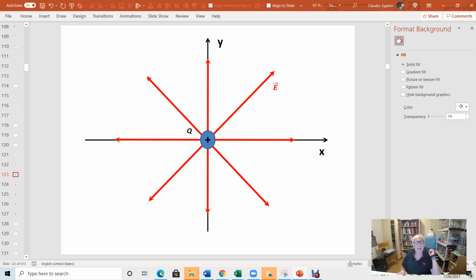The electric field lines are emanating from the positive point charge. Then we look for a Gaussian surface that is symmetrical with respect to this charge distribution. The only one that you're going to find is a spherical surface centered at the charge.